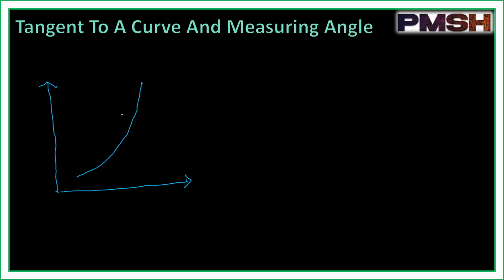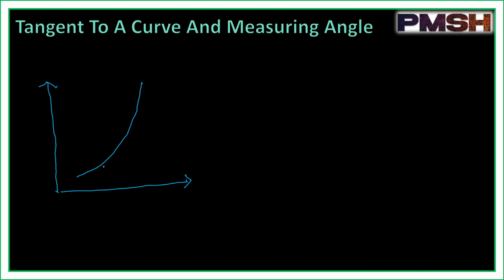So what is a tangent to a curve? Tangent means it is a straight line that passes by touching at a single spot on a curve. It should pass by touching a single spot or single point on a curve.